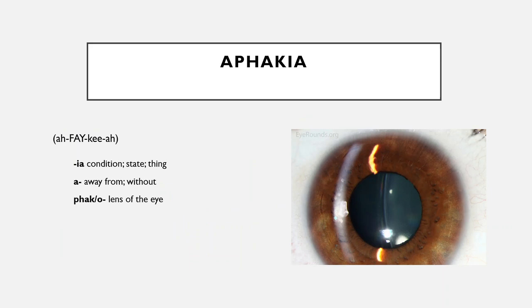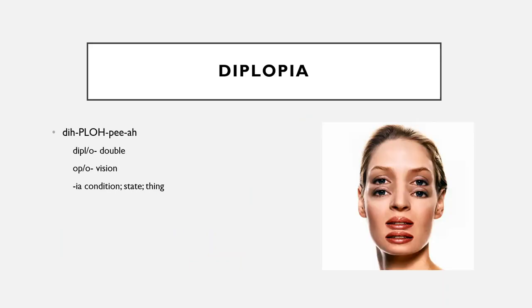Ia is condition, a is away from or without, and phak is the lens of the eye. So this is a condition of being without a lens. Diplopia. Diplo is double, op is vision, and ia is condition. So it's the condition of double vision.